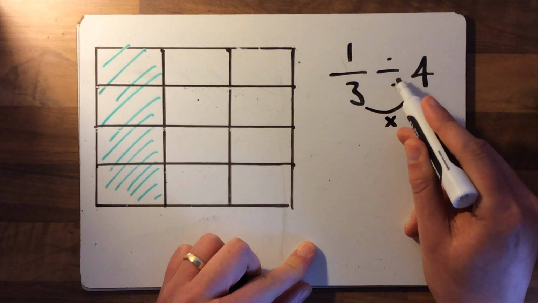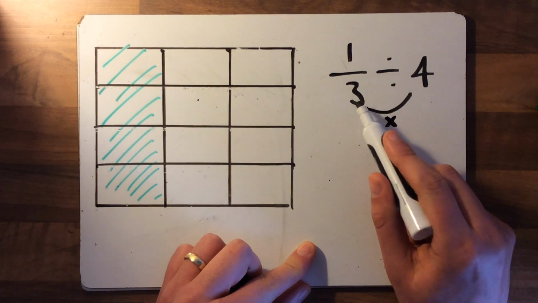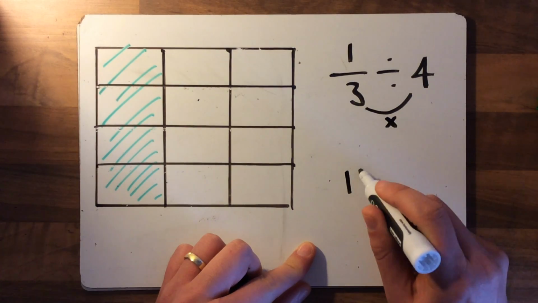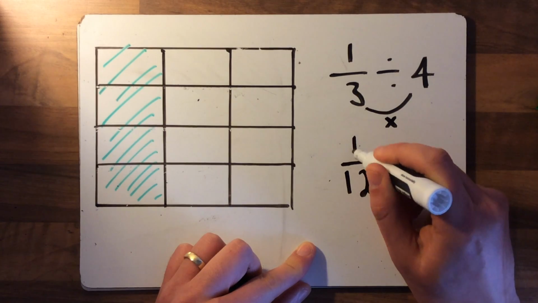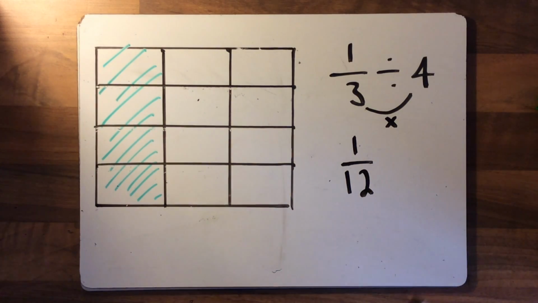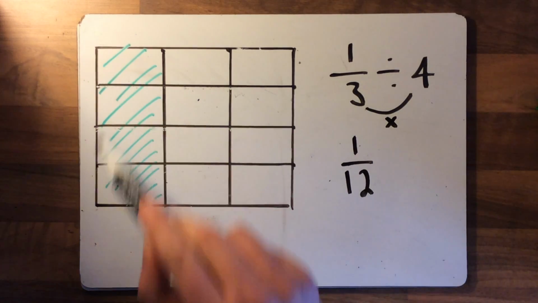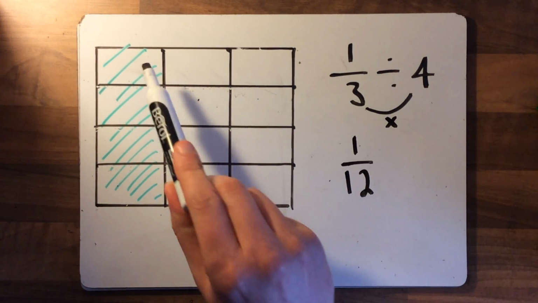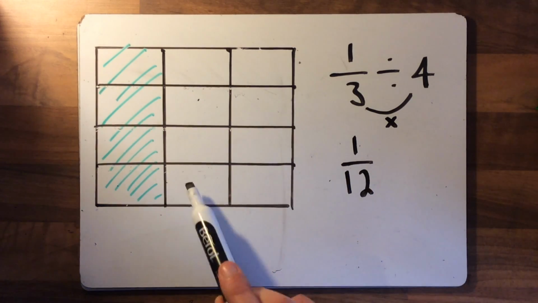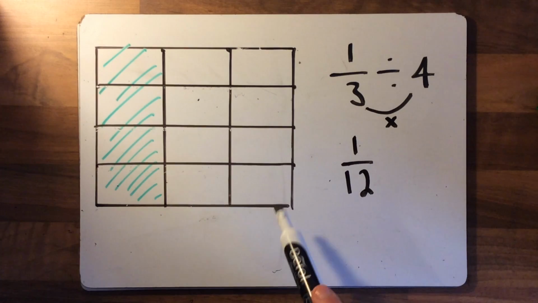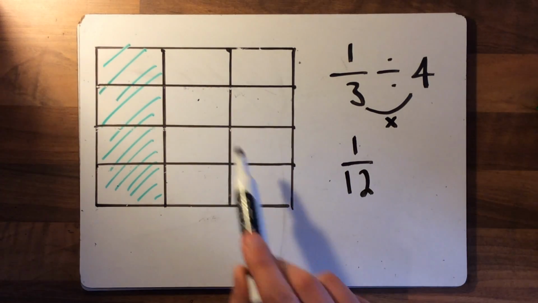We multiply instead of dividing, and I'll show you why in a moment. 3 times 4 is 12, and the numerator will just stay the same as 1. The reason we got to 12 is because the original cake has now been split up into 12: 1, 2, 3, 4, 5, 6, 7, 8, 9, 10, 11, 12. The original cake has been split up into 12, even though these 2/3 are missing.